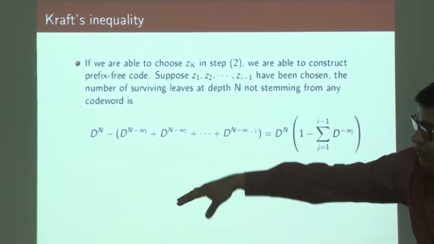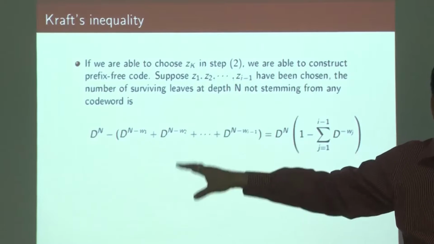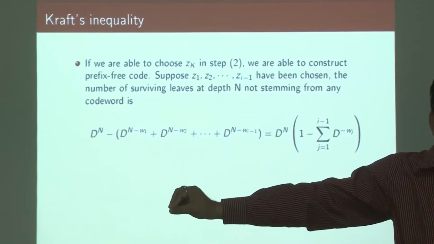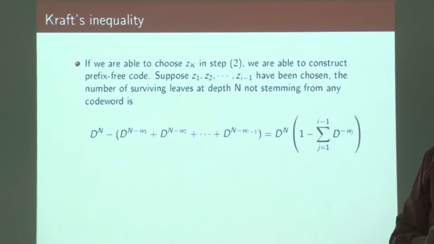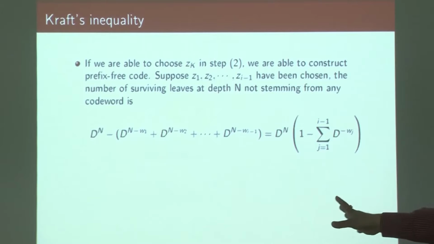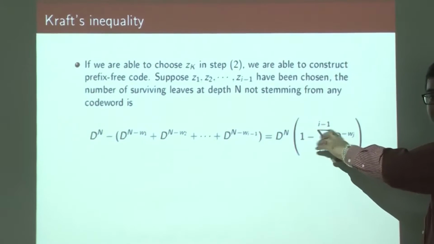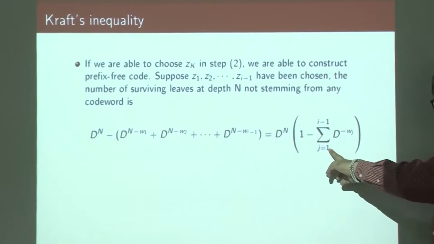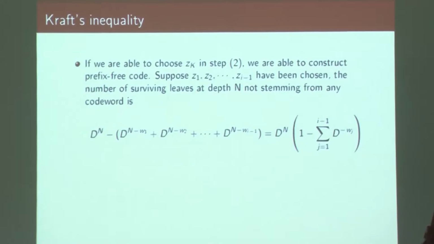That means I still have some leaves and nodes in my tree which have not been pruned or mapped to any code word. So I can put my Zi there, and I can do this as long as i is up to k. Why? Because from j equals 1 to k minus 1 the summation is still less than 1, since Kraft inequality says that this summation from 1 to k is less than or equal to 1.